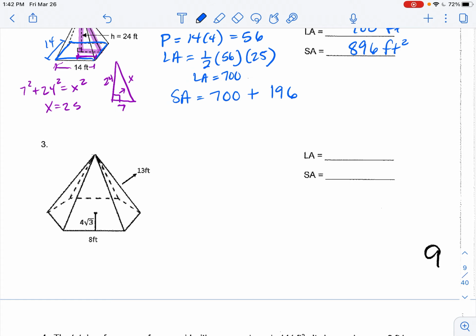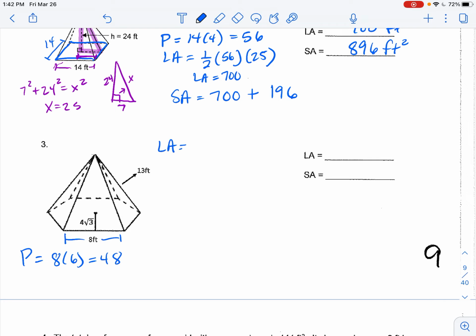All right, our next example is this pyramid with a hexagon base. Let's first find the perimeter of the base. If I have a hexagon with side lengths that are 8, the perimeter is just going to be 8 times 6, which is 48.